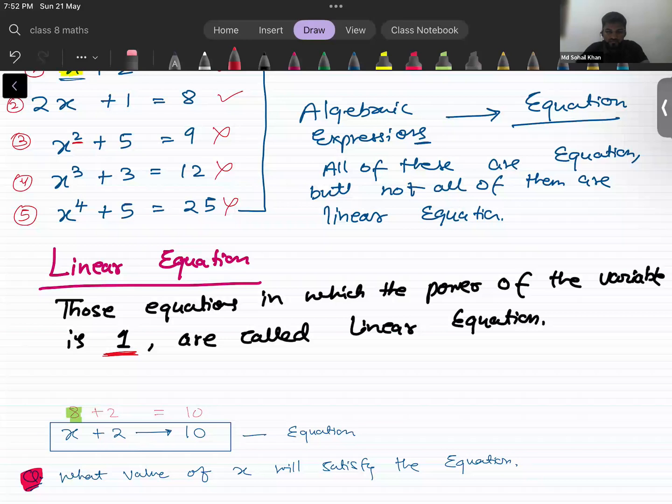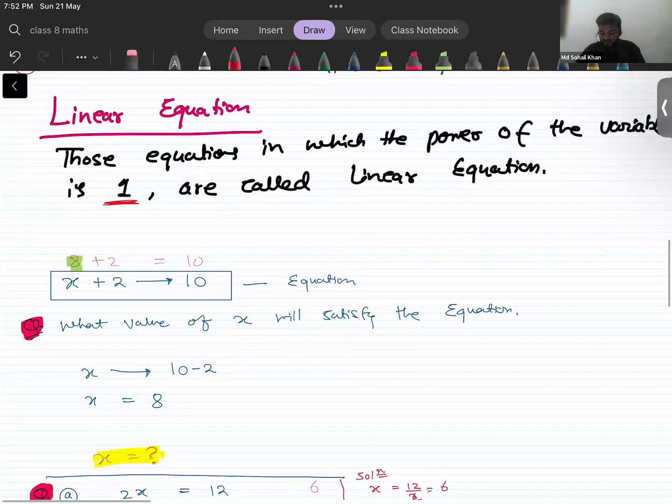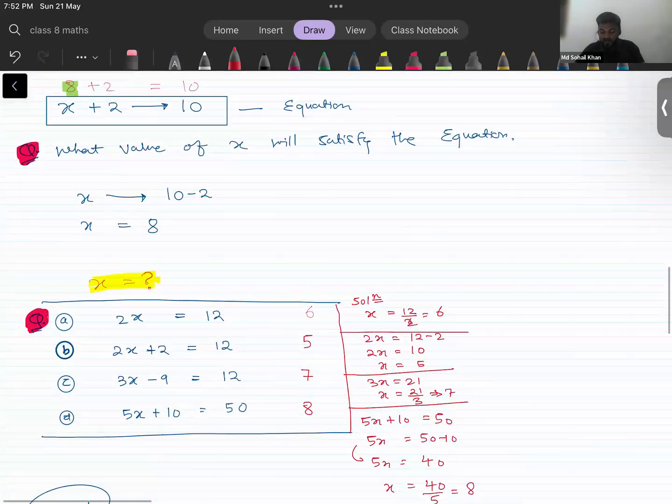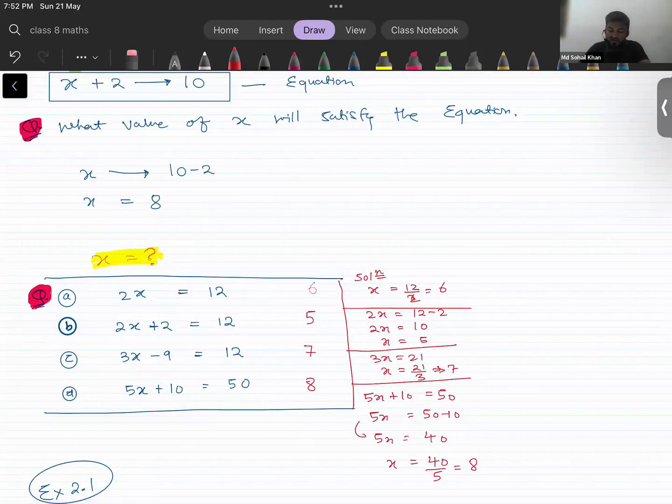In the previous class, I gave you a few questions in which you had a linear expression on one side and on the other side a constant value. We solved those questions. The entire first exercise in your NCERT, exercise 2.1, is based on this.